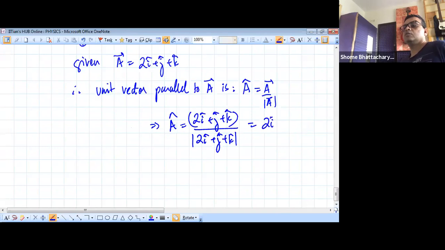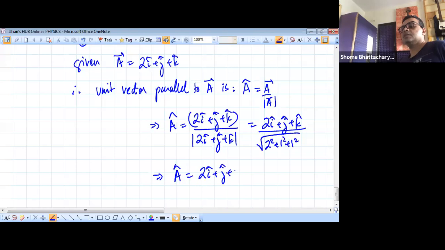So it should be 2i plus j plus k divided by square root of 4 plus 1 plus 1. So that's root 6. So that means E cap is equal to 2i cap plus j cap plus k cap, the whole thing divided by root 6.